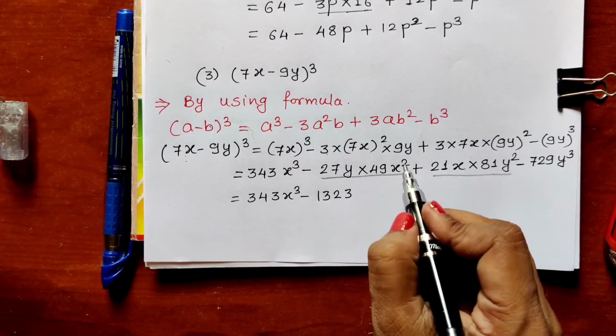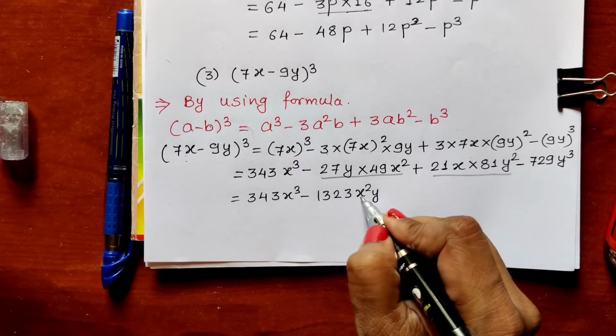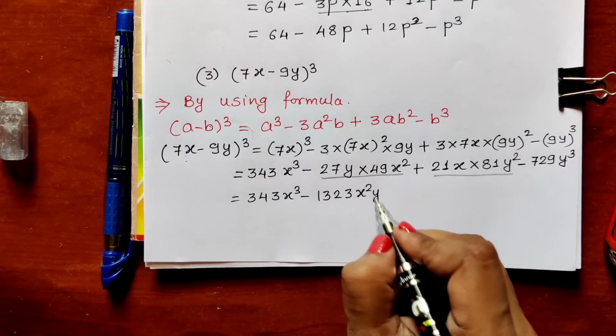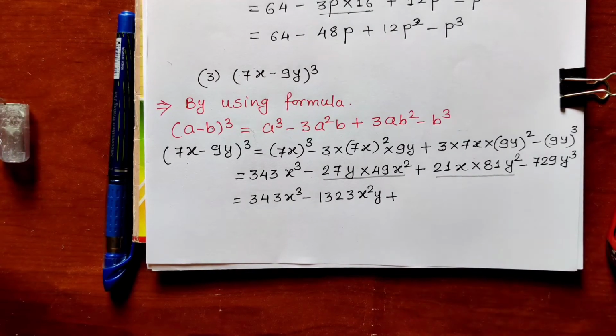Y and x square are remaining, so we write x square first and then y. In the alphabet, x always comes first, after that y. So 1323x square y plus 21x into 81y square.